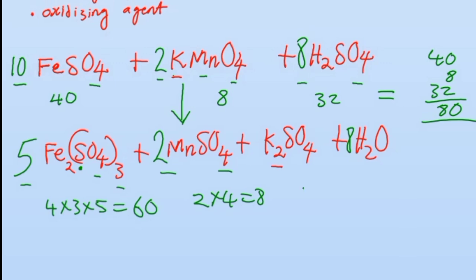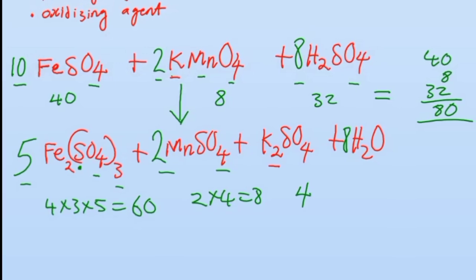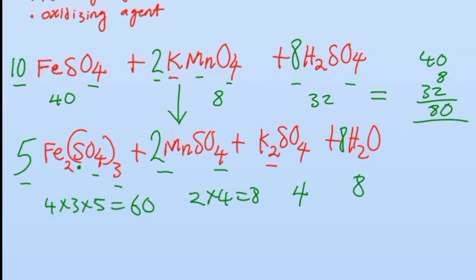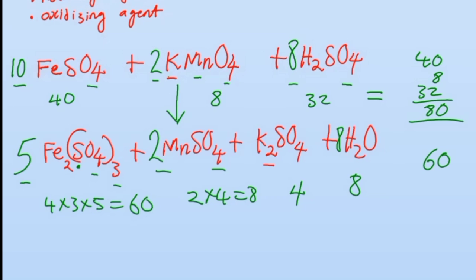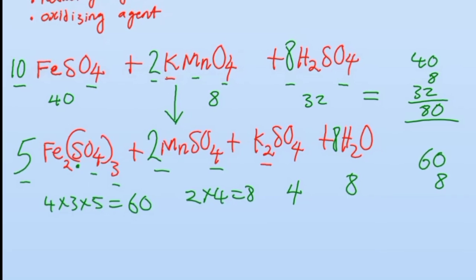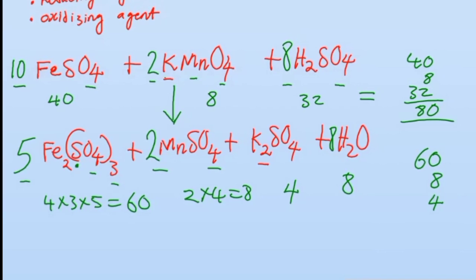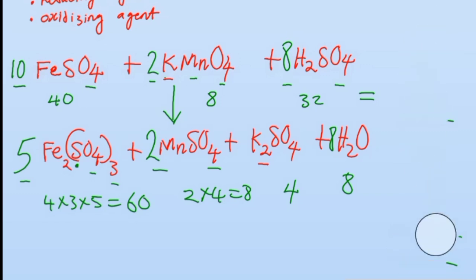And then here we have oxygen as 4, plus oxygen as 8. We have 60 plus 8 plus 4 plus 8, giving us a total of 80 oxygen. So you can see that the equation is now balanced.